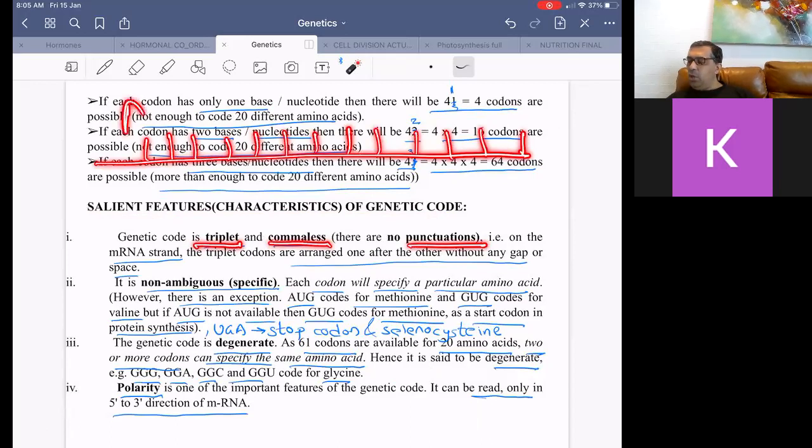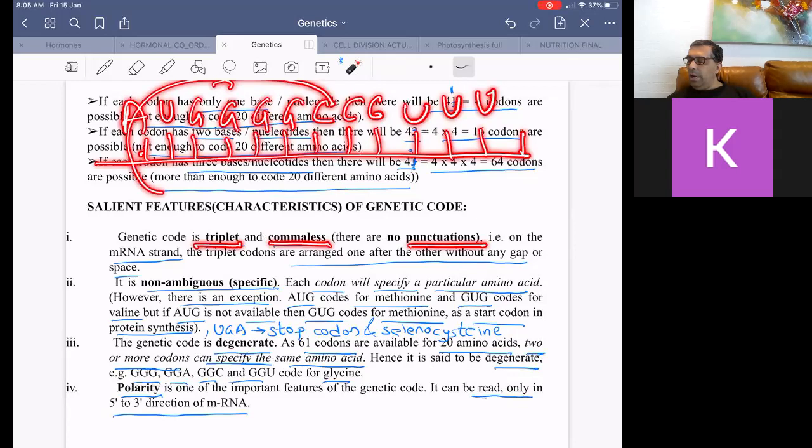If it is AUG, GGG, CCC, UUU, how is the codon read, sir? It is read as first codon, second codon, third codon. AUG first codon, GGG second codon, CCC third codon.